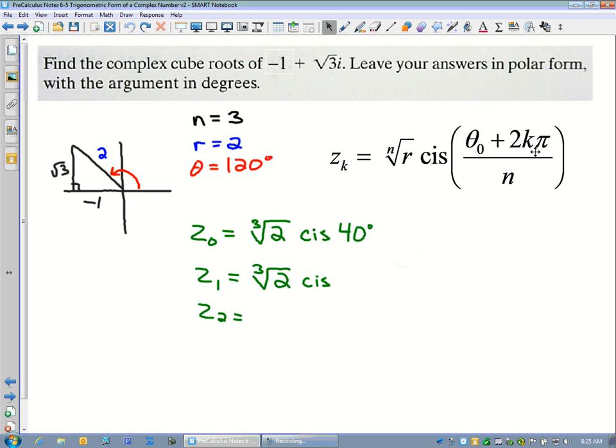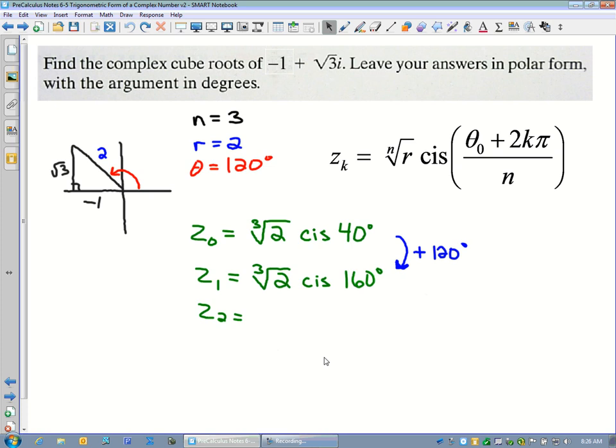So 360k, we're simply going to divide the 360 by the n, which is 3, so that's going to be another 120 we're going to add to it. So if we add that 120, we're going to get 160 degrees.